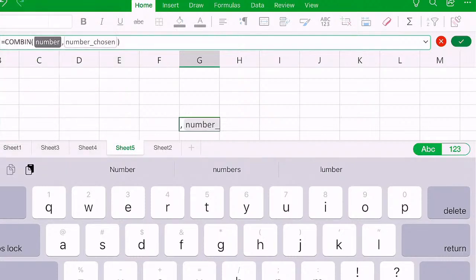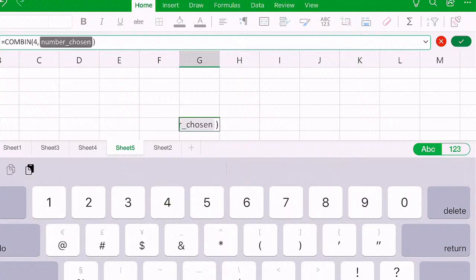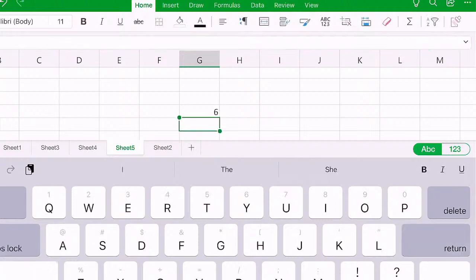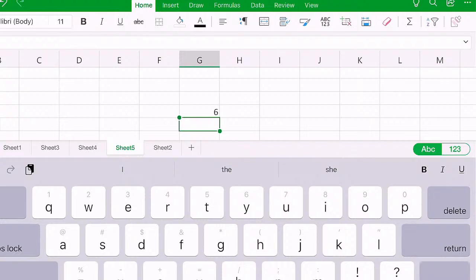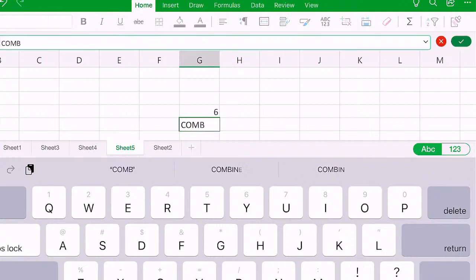Okay, it's combine or combin. Can you see that? Yeah. So combine, and then you hit 4 and 2, and it should be 6. There you go. Okay, so you have different ways. So you can do it in Excel. So the function is combin.